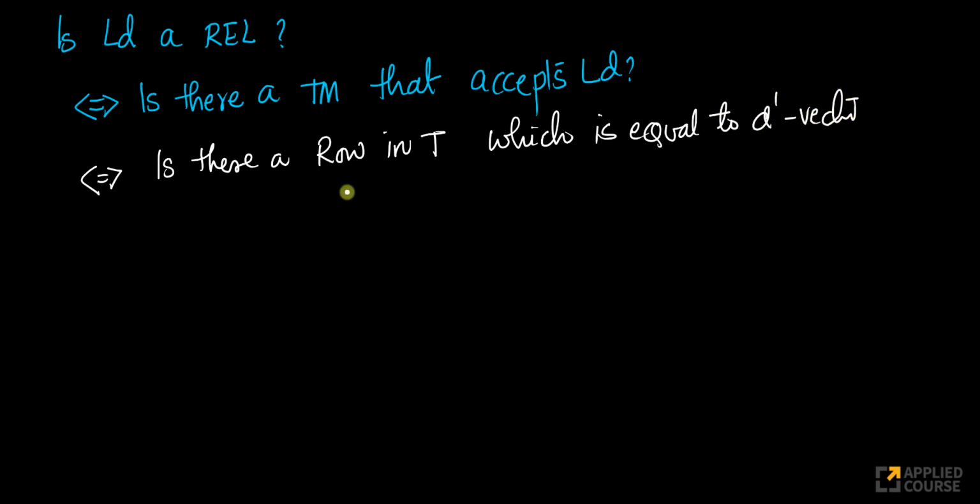Very important to grasp, because a row in T corresponds to a Turing machine. If that Turing machine accepts LD, see, every Turing machine is represented as some row in table T, right? So I'm saying, is there a row in table T which is equal to the d dash vector? Because we have shown that LD is equal to the d dash vector.